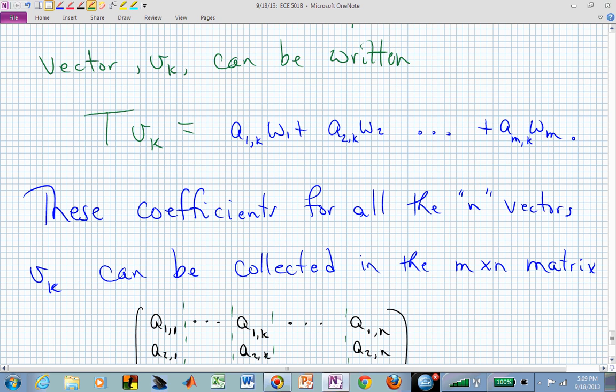Oh, it gave me this vector. Well, I can find the coefficients A subs that will scale these basis vectors in W to produce that T V1. Then I can say, okay, what's T V2? And you can find how it would look in terms of the W's.